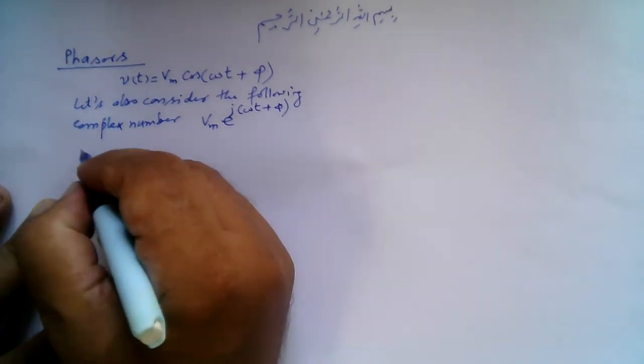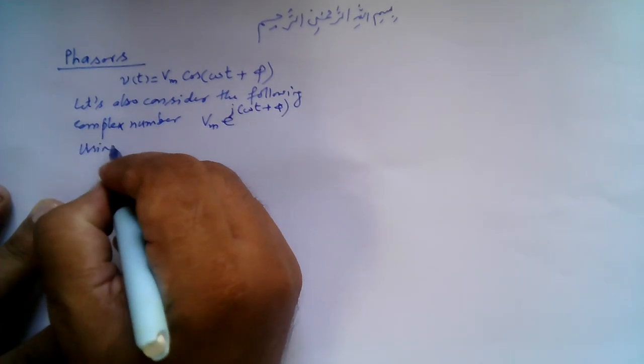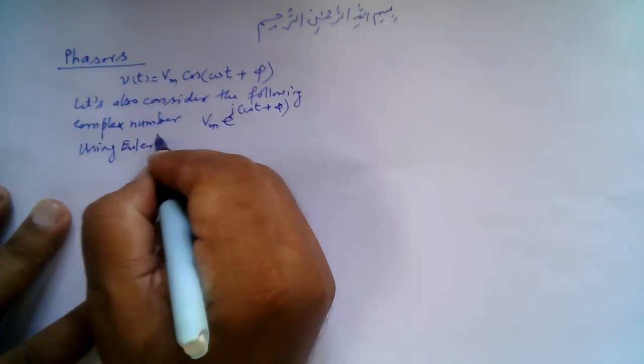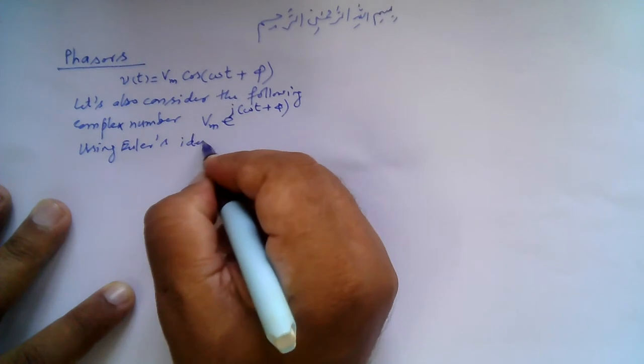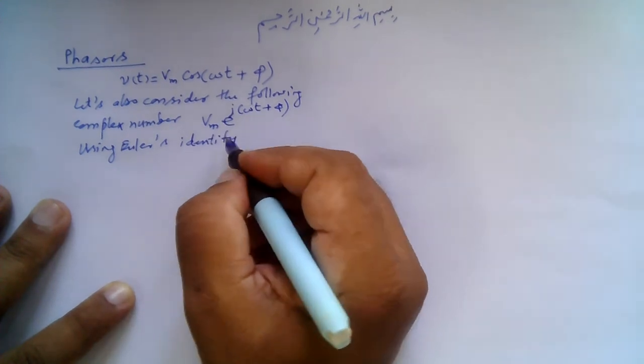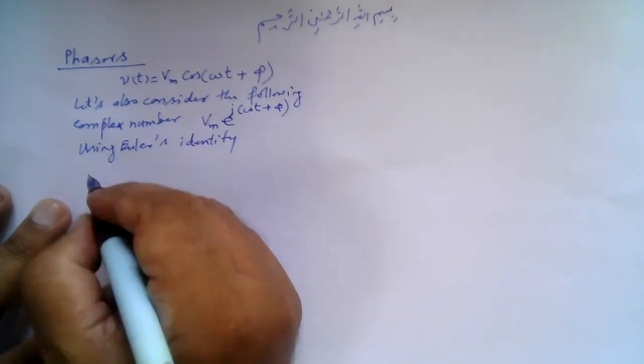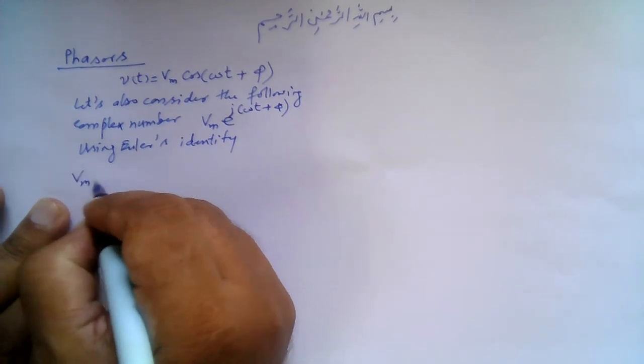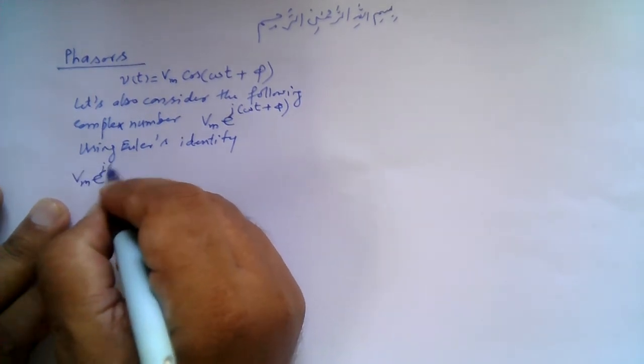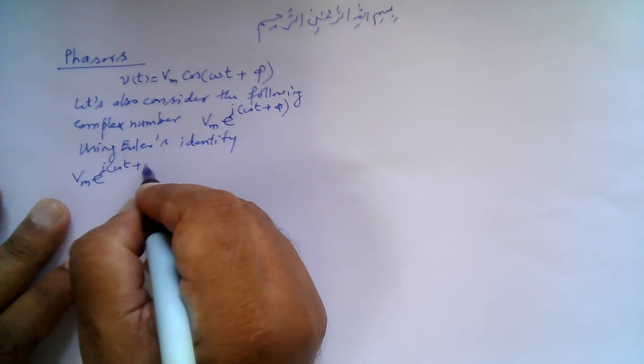So using Euler's identity, this complex number can be written as Vm e^(j(omega t plus phi)).